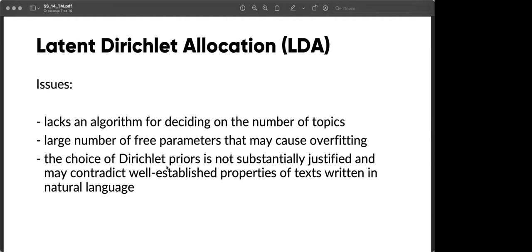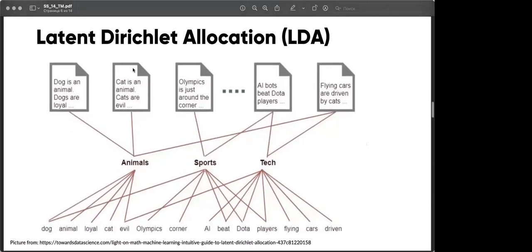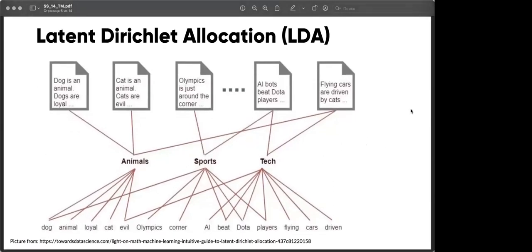The first issue here is that LDA does not have a defined algorithm for deciding on the number of topics. So, for example, even in this case, just as an illustration, we don't have any formal way of identifying beforehand that we only need 4 topics, because maybe we would like to differentiate between, for example, AI, Dota, and cars.